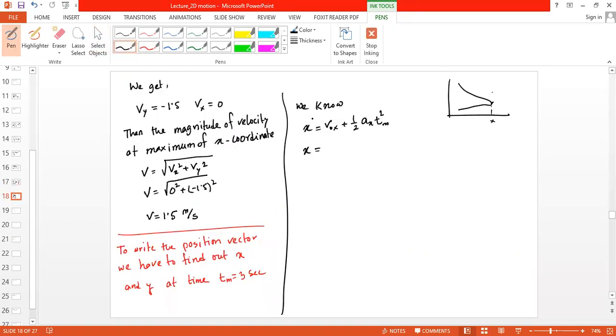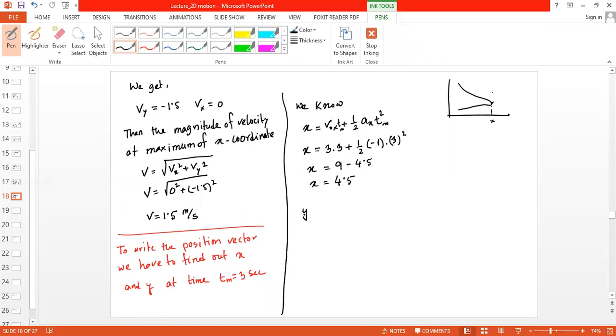So v naught x equal to 3 into tm হচ্ছে 3, plus 1/2 a, acceleration এর a component হচ্ছে -1 into tm square, that is 3 whole square. So this will be basically 9 minus 9 by 2, 4.5. So basically x equal to 4.5.